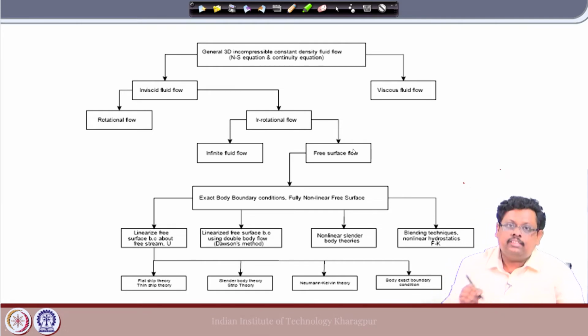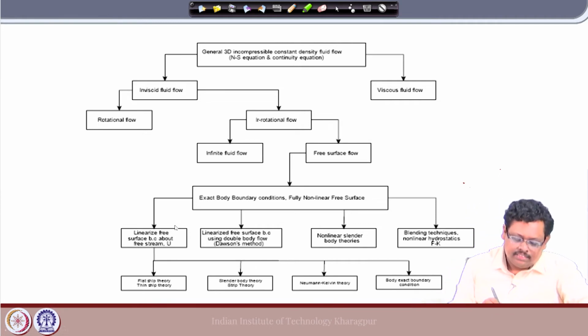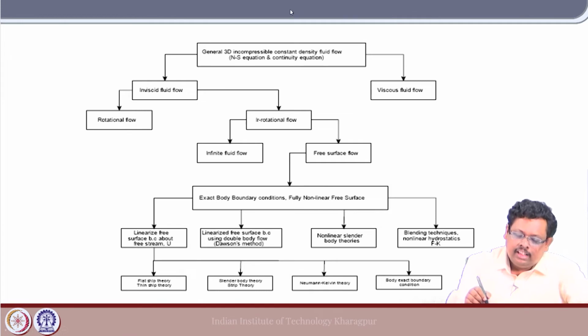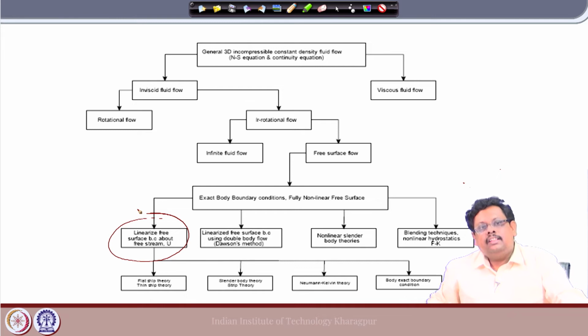Now, under this also you can see there are a hell of a lot of solutions. First is the linearized free surface, then the linearized free surface boundary condition Dawson type solution, we have nonlinear, and we have the blending techniques, right. Under that we have 4 solutions. However, we are mostly interested in the first one, which is the linearized body conditions, right.